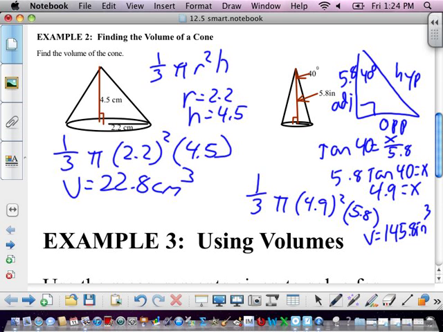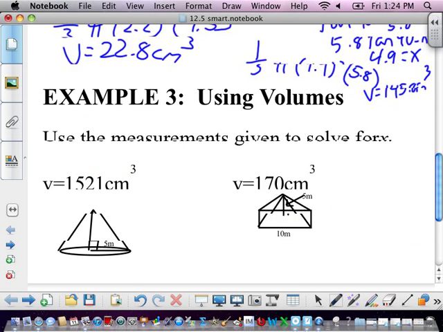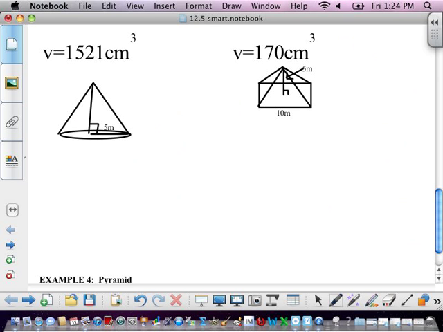Okay. Let's look at example 3. I'm just going to do one of these, because I gave you too much information for the pyramid. It doesn't make sense. So let's just do the cone. We're trying to find the height, right? We know the volume is 1521 equals 1/3 pi r squared h, and we don't know h. So what do I do?